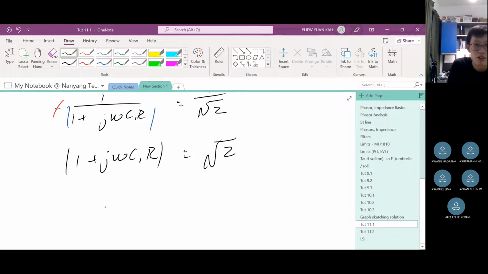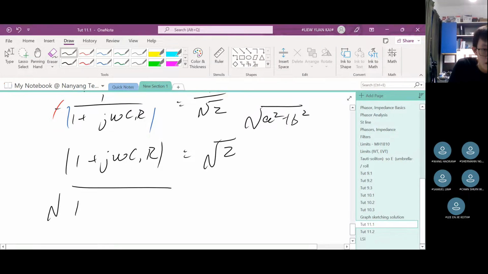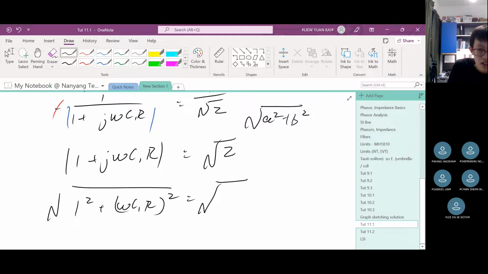equal to root 2. What is modulus of a complex number? It is given by the formula root of a squared plus b squared. A is the real part, so square root of this, and b is the imaginary part, so those that are beside the j. Okay, so square both sides, this square root and square can cancel.